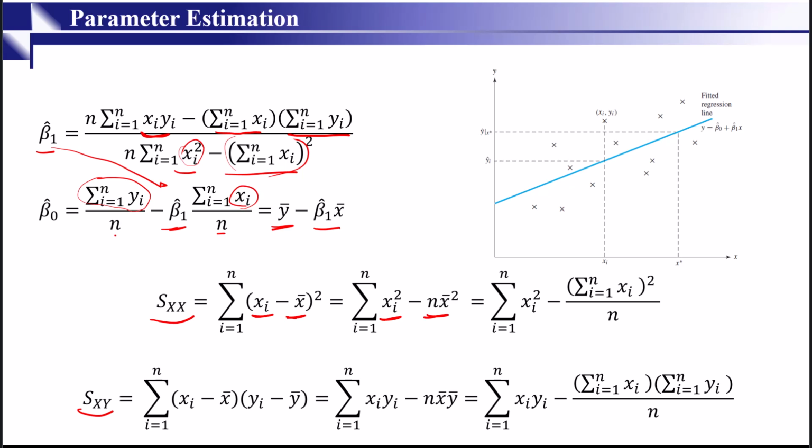We can also write this as the sum of xi square minus the square of the sum of xi divided by n. Then we can define Sxy. Sxy is the sum of (xi minus x bar) times (yi minus y bar). This is equal to the sum of xi yi minus n x bar y bar, and that is equal to the sum of xi yi minus the sum of all x times the sum of all y divided by n.